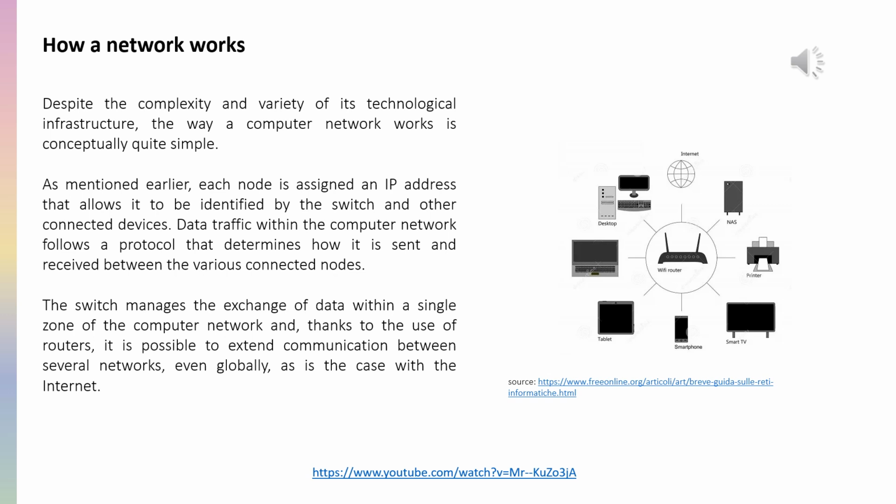Data traffic within the computer network follows a protocol that determines how it is sent and received between the various connected nodes. The switch manages the exchange of data within a single zone of the computer network and, thanks to the use of routers, it is possible to extend communication between several networks, even globally, as is the case with the Internet.